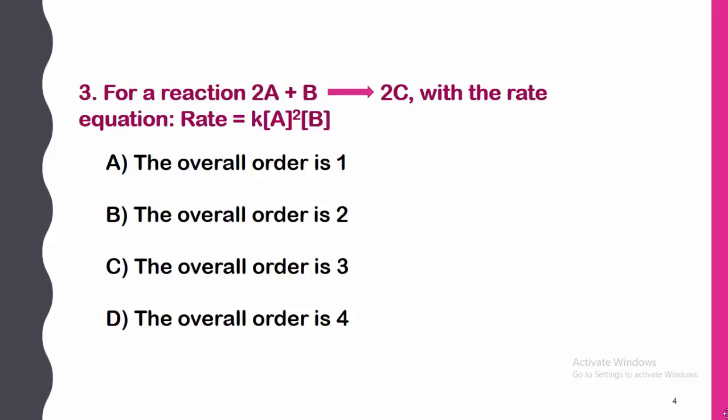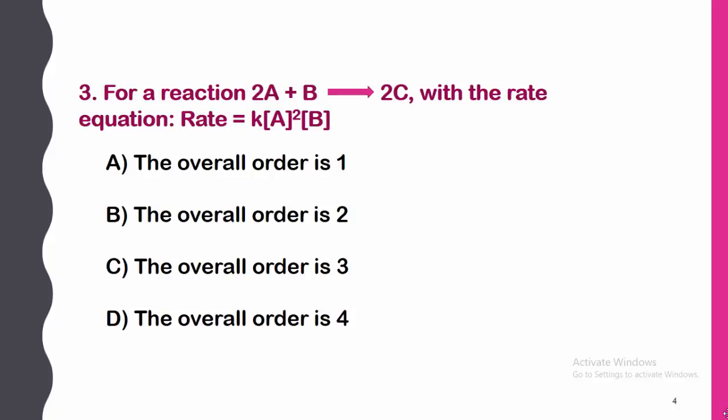Before finding the order, first we have to define what the order is. We already studied that order is nothing but the sum of the powers of the concentrations of the reactants involved in the rate equation. The rate equation is already given, so we just have to add the powers of the molar concentrations of the reactants.